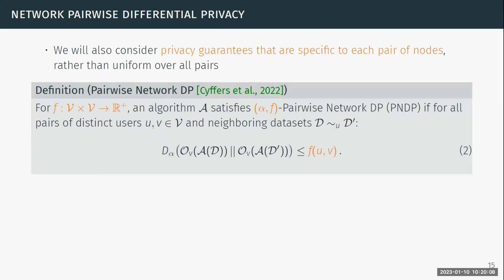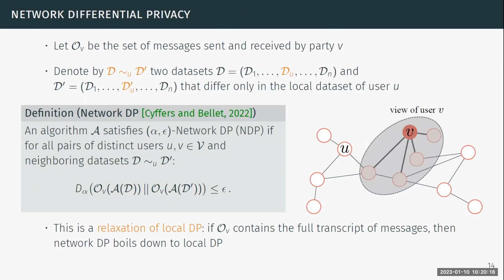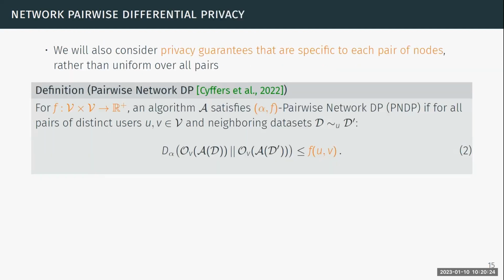Something natural is that we can also have a pairwise version of this. It's natural in these setups to consider that the privacy guarantees might be specific to each pair of nodes. So here I'm bounding for all pairs of users with the same privacy budget. But like we said, maybe based on where they are positioned in the graph, some nodes will have better privacy.